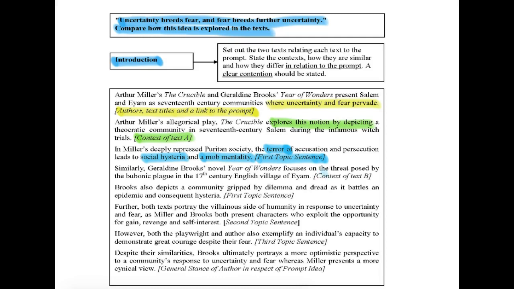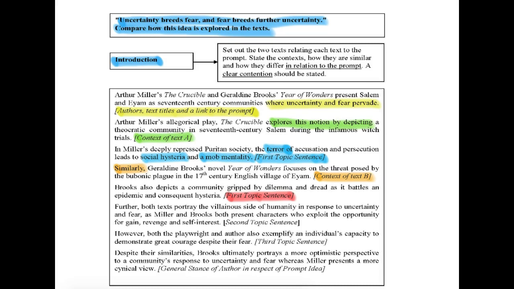Okay, and then we switch to the context of text B. Similarly, okay, now here it's not a difference. Because it's a similar idea, we say similarly. So similarly, Geraldine Brooks's novel Year of Wonders focuses on the threat posed by the bubonic plague in the 17th century English Eyam. And then after that, we move to the first topic sentence again in the context of Brooks.